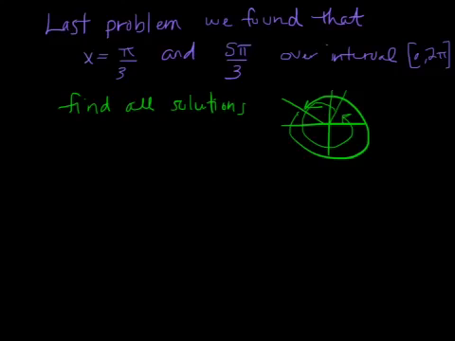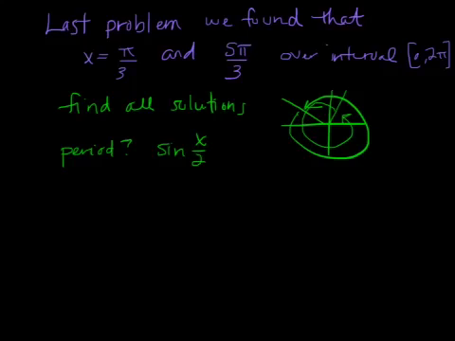Now in this case though, what is our period? Our equation is sine of x over 2. And I don't want this part here, I want that to go away.